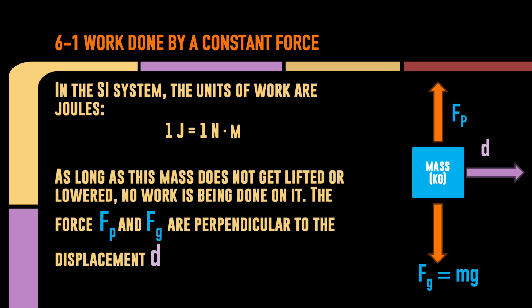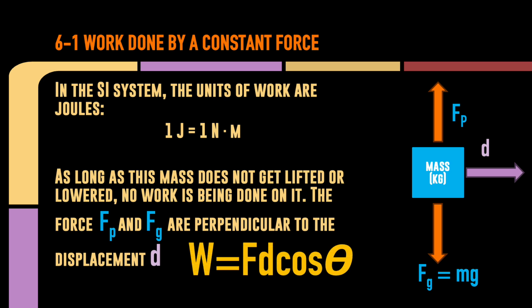Here's an interesting thing: as long as I don't lift it or lower it, no work is being done on it, because the F_G and F_P are perpendicular to the displacement d. Now, obviously, you're spending energy working on holding the thing up. But once again, work is defined as F D cosine theta, so the forces F_P and F_G individually do no work. So that's something we'll have to look at and consider.